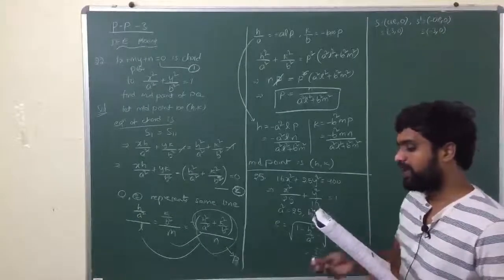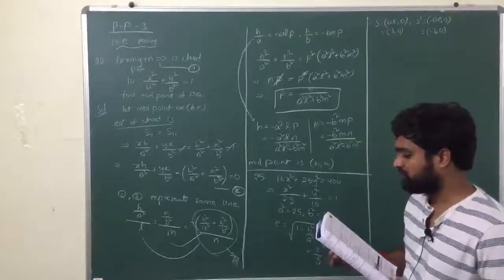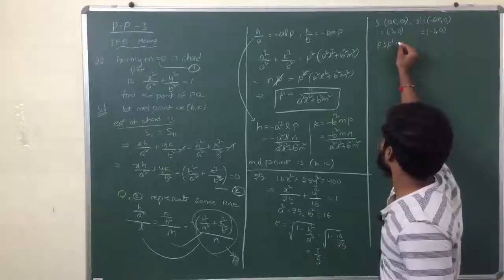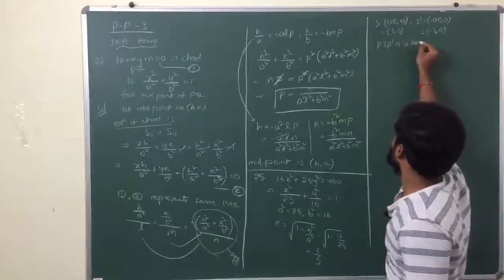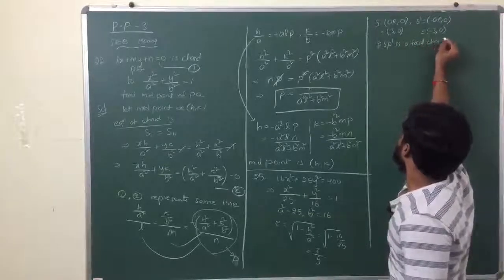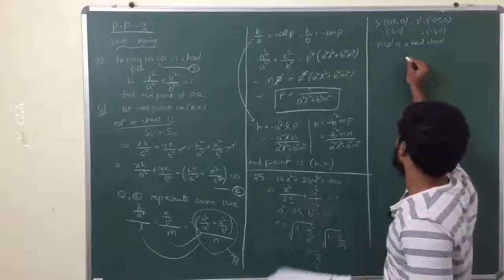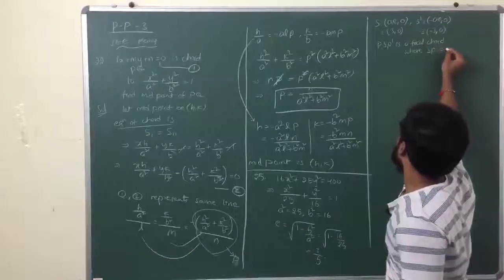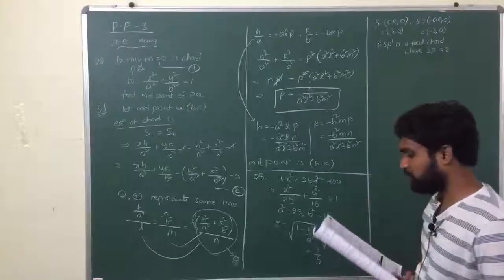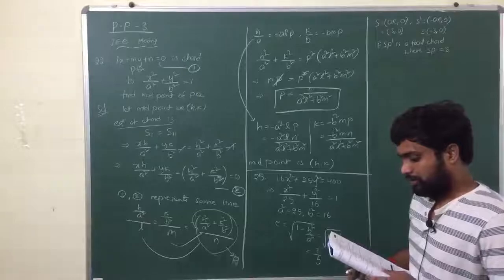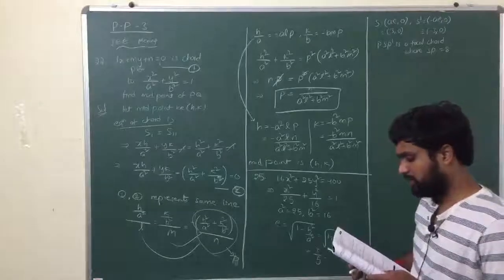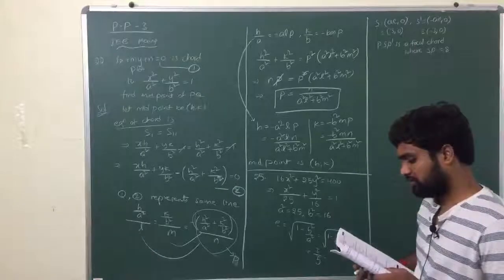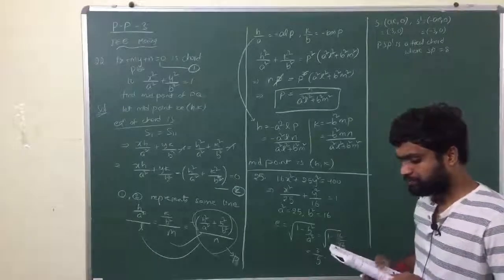Now ps p dash is the focal chord where sp is equal to 8. Then the arrangement of the values a, b, c, d in the descending order.